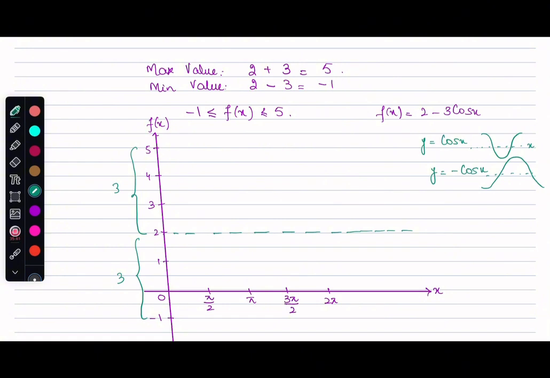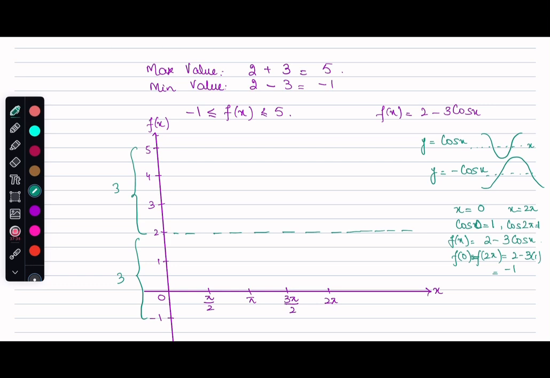So x is 0. Let's start with x as 0. If I have x equals 0 or x equals 2 pi, because both of them are represented on the same positive x-axis, I know that cos of 0 is equal to 1 and cos of 2 pi is also equal to 1.